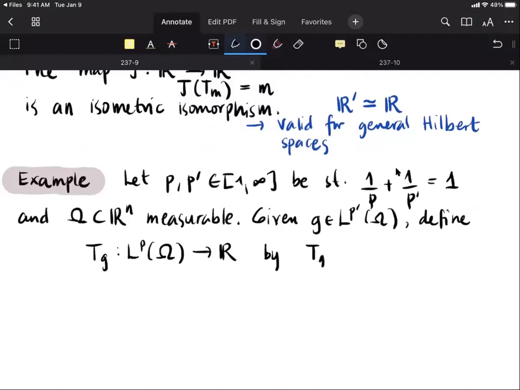It takes a function f in its domain, so here f is in L^p, and it takes the integral of the product of f and g with respect to the Lebesgue measure.